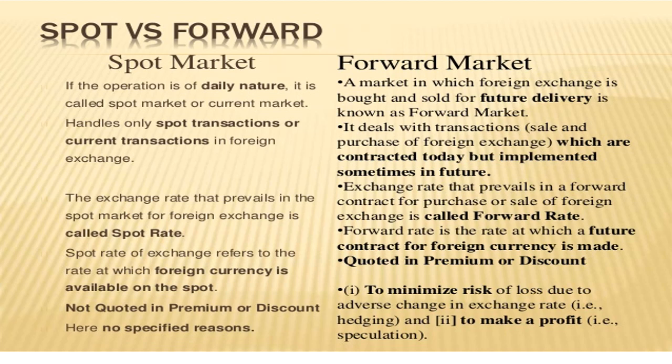So for avoiding this uncertainty and for minimizing the risk of loss due to the adverse change in the exchange rate, the forward market is the best for future transactions, right? It is also used for making future delivery and to make profit, that is speculation, right? So that is the basic difference between spot and forward market. These come under the foreign exchange market, right?